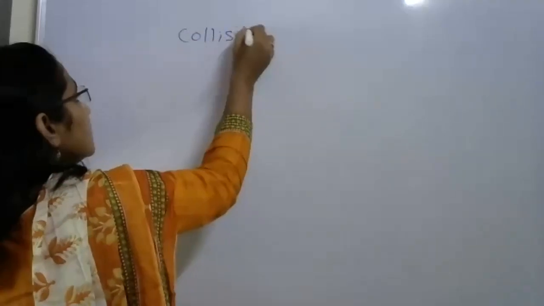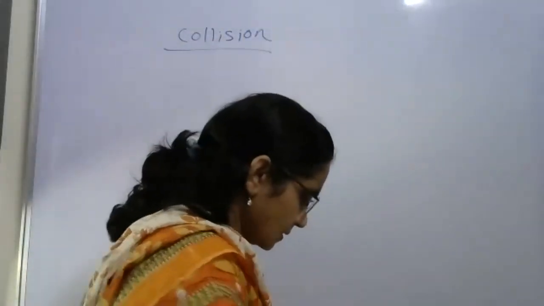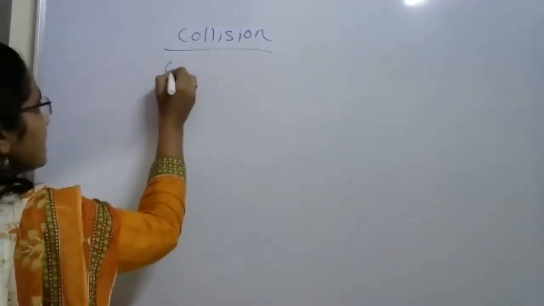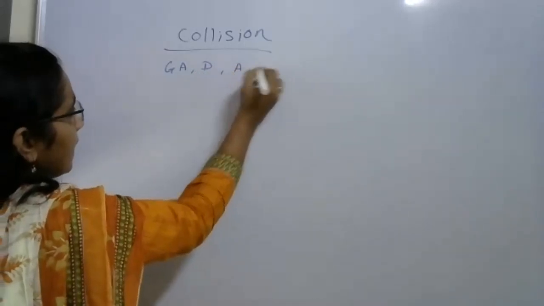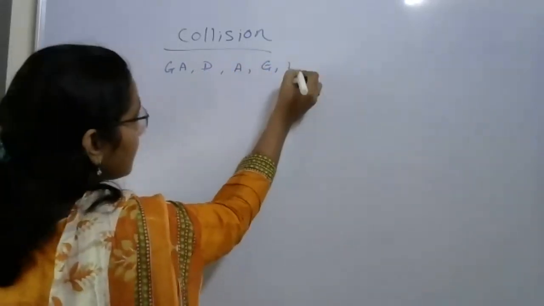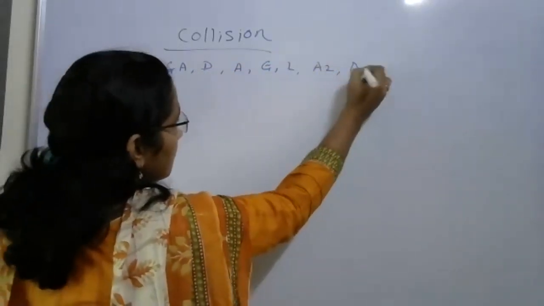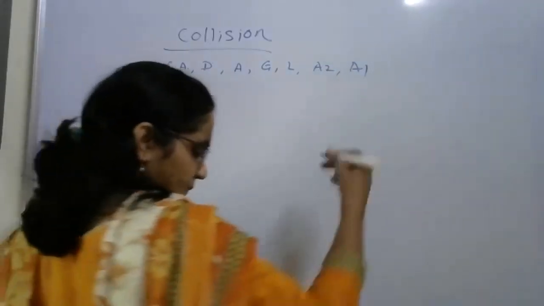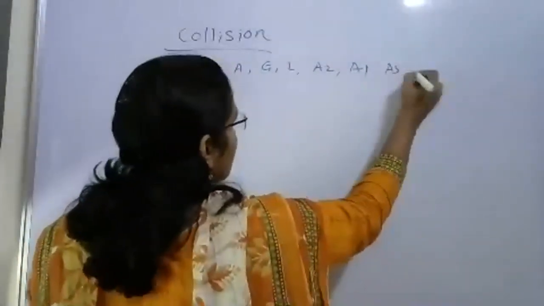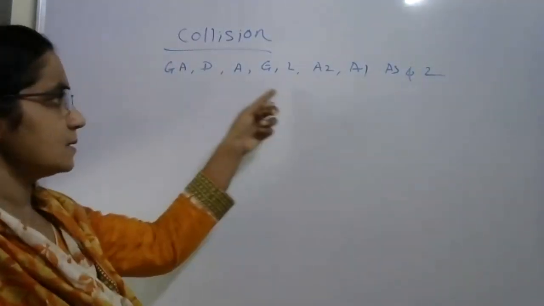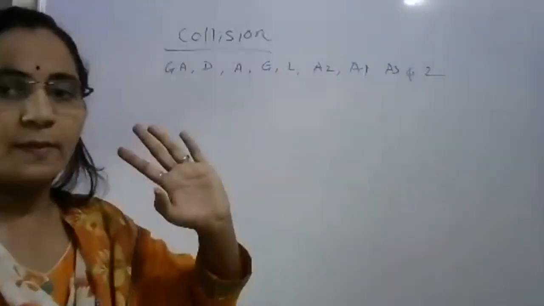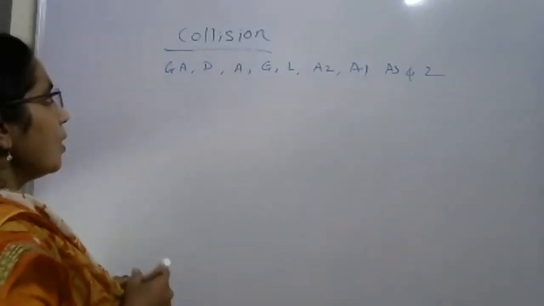So what is the concept of collision? Here I take one example. Suppose I have some identifiers: GA, then D, then A, GL, A2, A1, whatever it may be, then A3 and Z. These are the given identifiers.